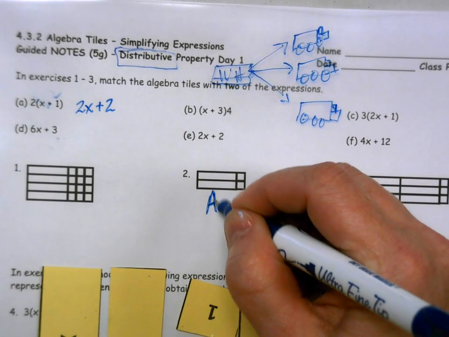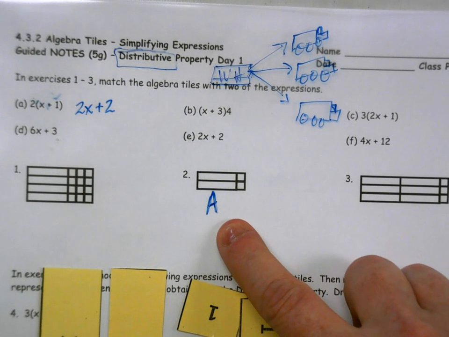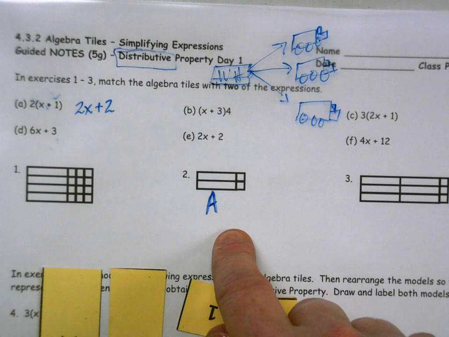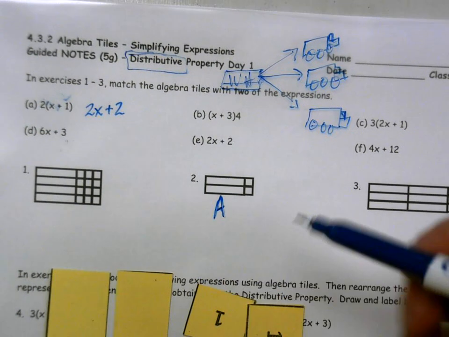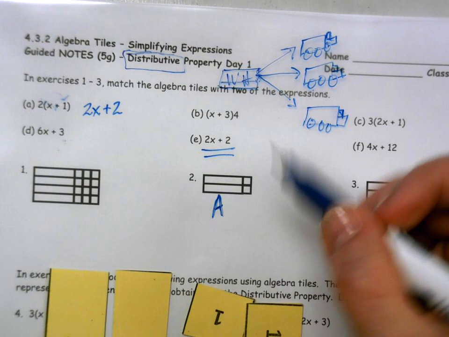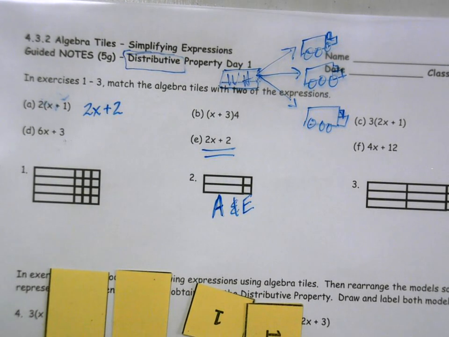I'm going to use capital letters because I think that they show up better. Okay, so A goes here. Do you see another one of these that's going to match number 2? Which one, Aaron? E. Notice that E is the form that we wrote out here, right? So A and E is going to match this one.